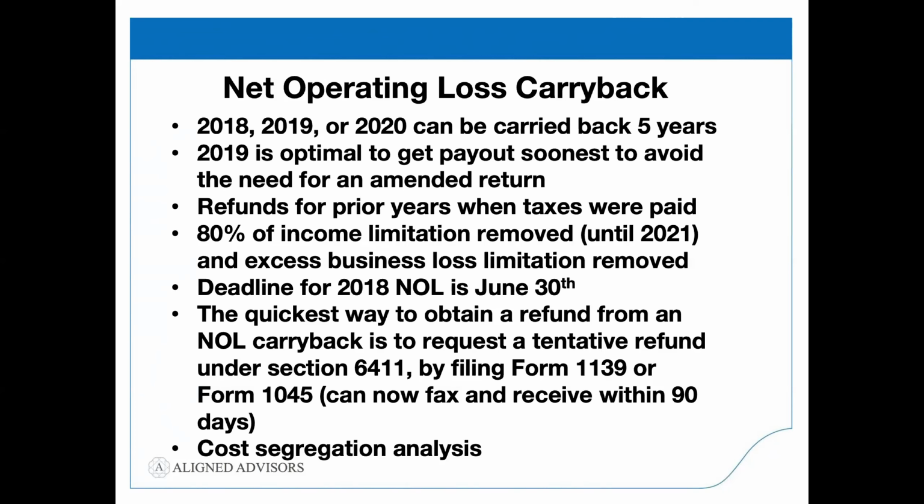And there'd be no money out of pocket necessarily, except I guess the cost of doing the cost segregation analysis. You would just file your return and get a really big check from reimbursements from prior years, or from this year, you would just pay less taxes. So that's why 2019 would be the optimal year.